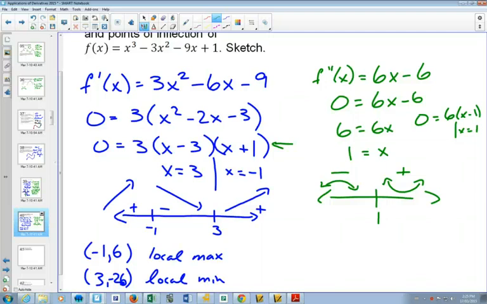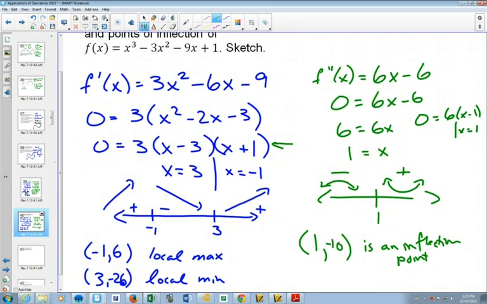Draw our little cyclopses there. And we now know that 1 comma something is an inflection point. And if we plug in 1, we're going to get 1 minus 3 is negative 2, minus 9 is negative 11, plus 1 is negative 10.